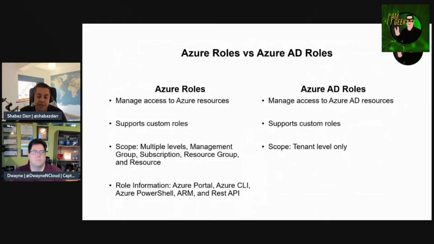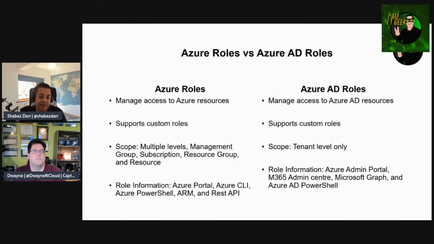When we're talking about role information, what I mean by this is the tools that you can use to manipulate the different roles. Again, slight differences: with Azure roles, there's Azure CLI, REST APIs, and also ARM templates.